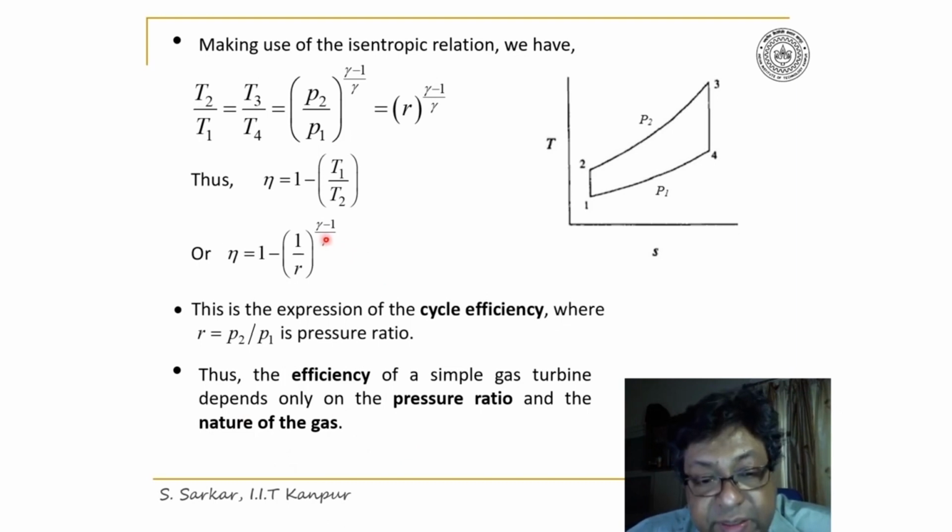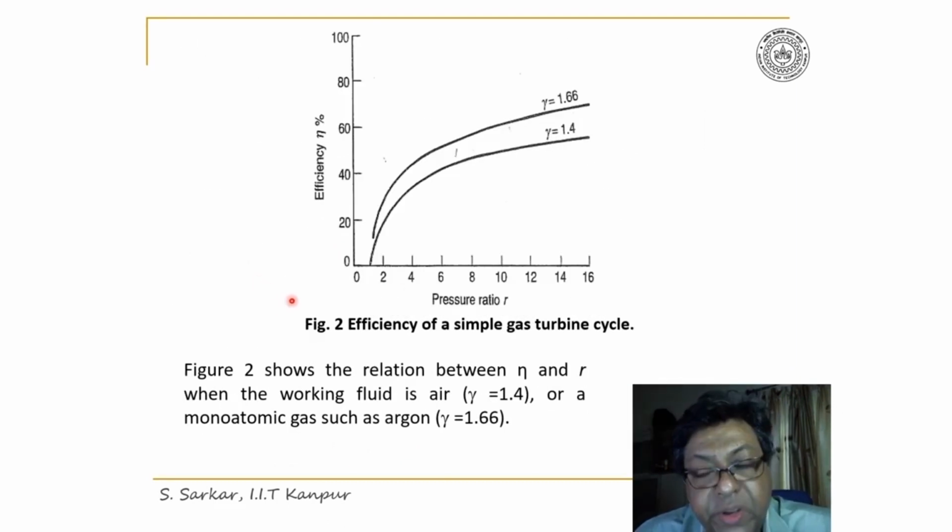Because it depends on gamma also. Look here, figure 2 illustrates the efficiency of a simple gas turbine cycle for different pressure ratios and also for different working fluids.